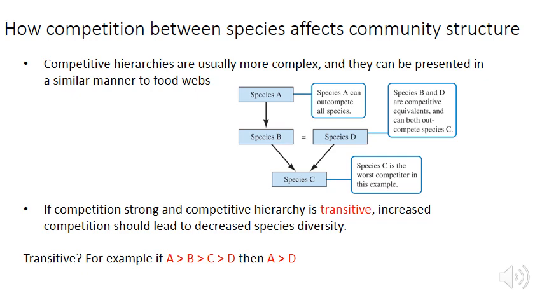So it's essentially just, as I say, kind of an algebra term. And so if that's the case in a community, as the strength of competition increases, slowly we'll lose those least competitive species.